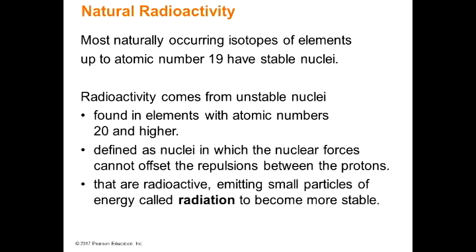Radioactivity comes from unstable nuclei found in elements of atomic numbers 20 or higher, defined as nuclei in which the forces cannot offset the repulsion between the protons. And this is what happens: they are radioactive, emitting small particles of energy called radiation to become more stable. So again, with these lectures, you want to make sure of the concepts we really want you to pay particular attention to.